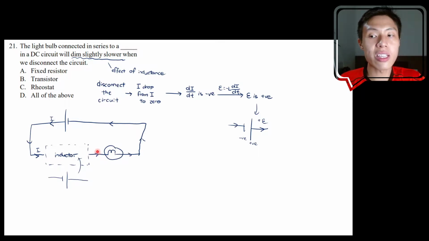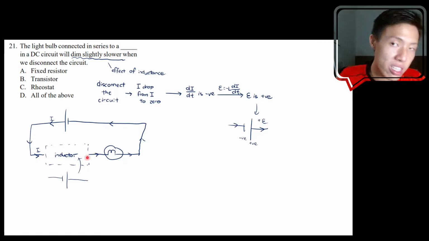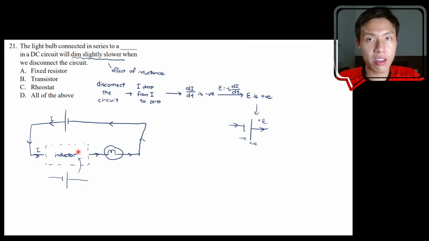Okay, so in other words, it is trying to oppose the decrease of current. Because this battery here functions to pump charges from this side to this side. So it is as if you are trying to oppose the decrease in current by pumping the charges in the same direction of the current.